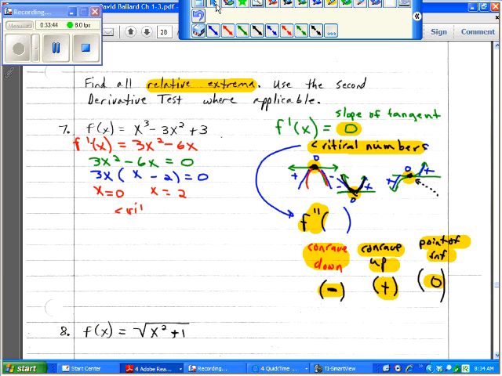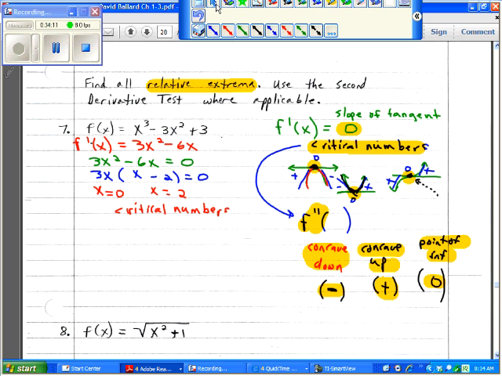So we have critical numbers coming out of our first derivative at 0 and 2. So we know our test intervals would be negative infinity to 0, but we're not going to do test intervals. We're actually going to get the second derivative and plug those critical numbers in there.